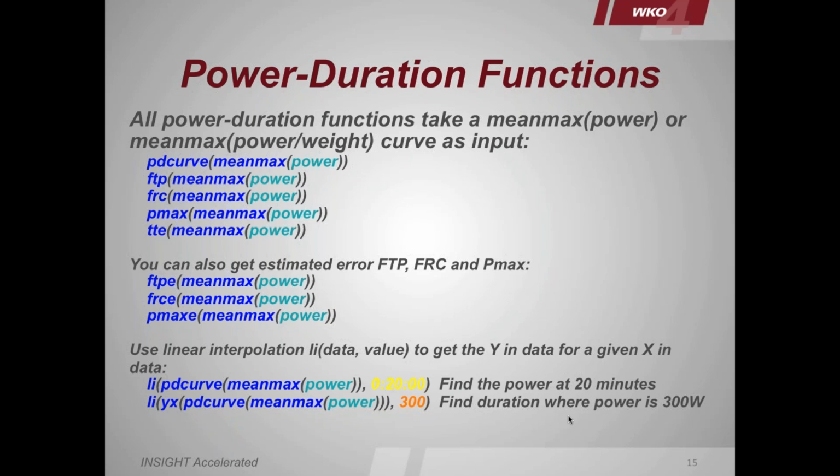That's something I would encourage you to copy and paste out of the slides when you get them, those expressions, and use them to find out what my modeled power is at different durations.